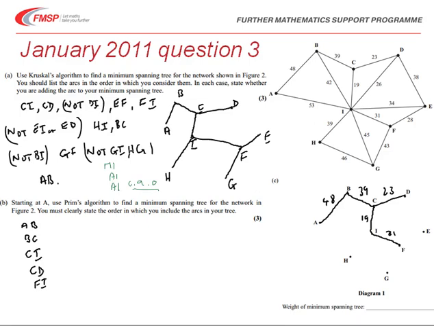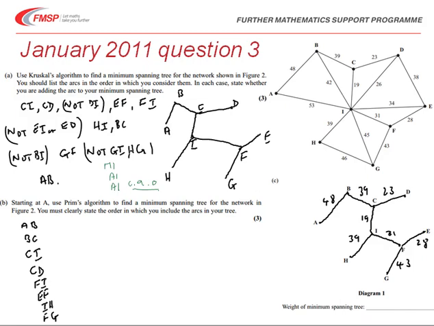EF is in here at 28. IH, 39. And then finally we have from F to G, which is 43. And then we have our minimum spanning tree completed.